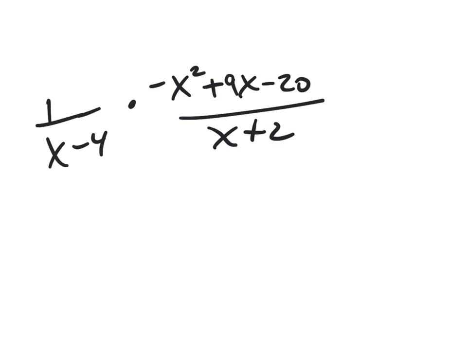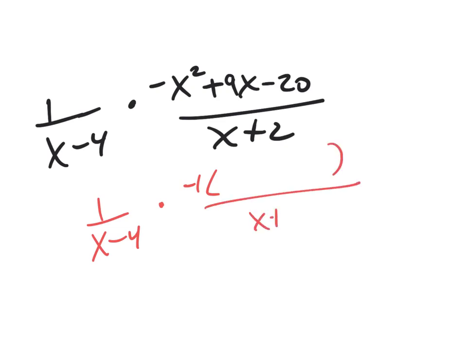Negative 1. Negative 1 comes out, and it'll be so much easier to factor after that. It's a really, really good tip. If there's ever a negative lead, factor it out. And then it'll factor further.